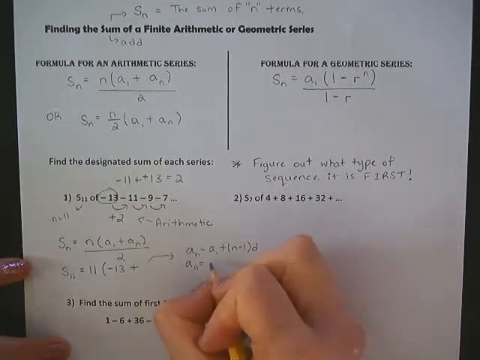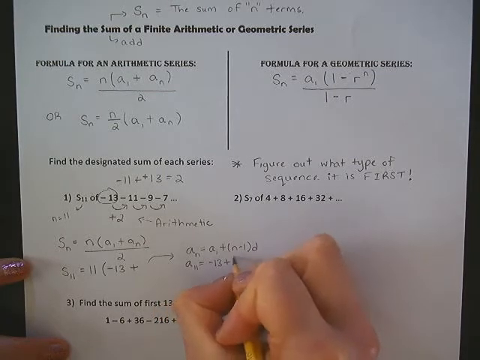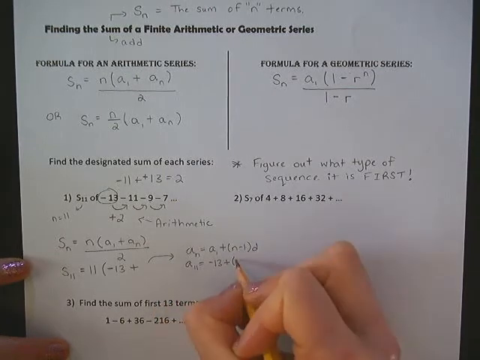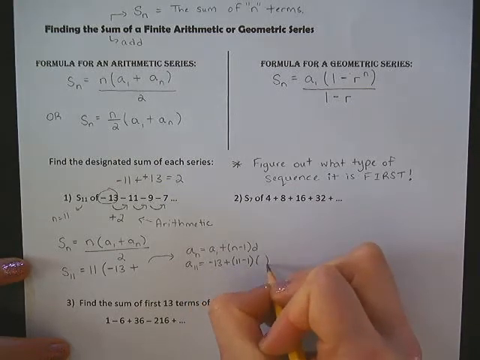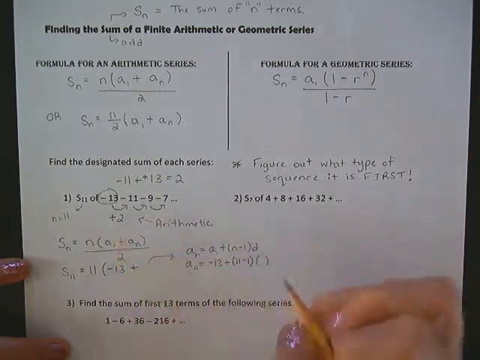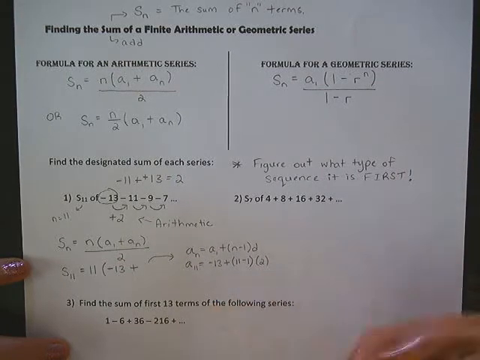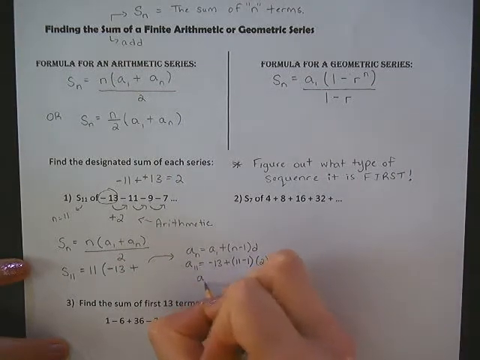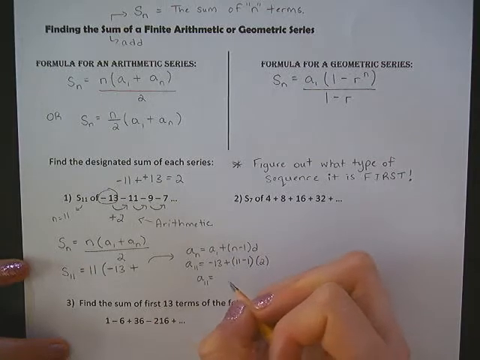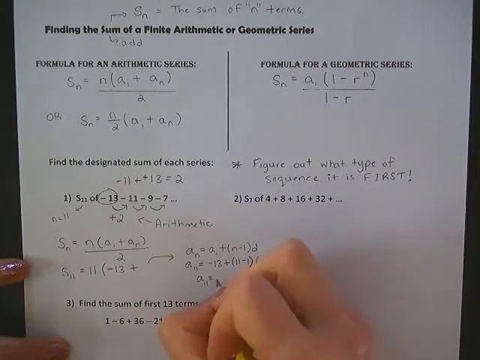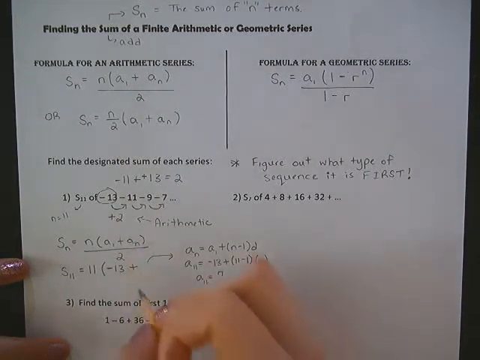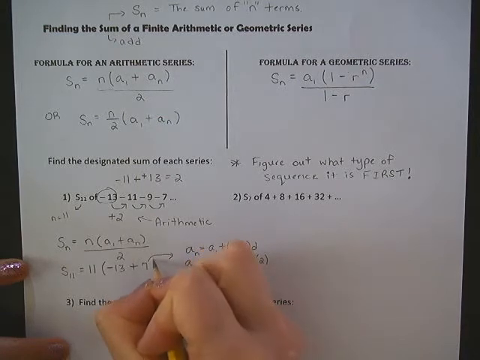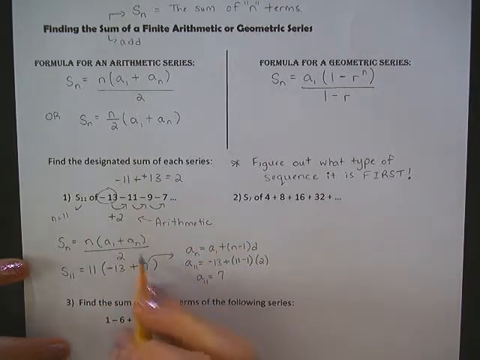So my first term is negative 13 plus my n, well, we're looking for the 11th term, so my n would be 11. And then my common difference, remember, is the number that's added each time, so it would be 2. And then I could just type that into my calculator. And when I do that, I think I ended up getting 7. So that 11th term, the last term I would add in, would be 7. So that's what goes for this.